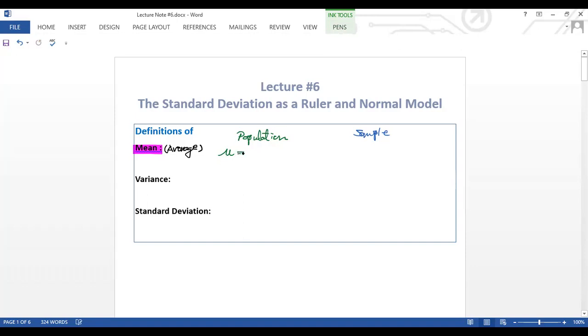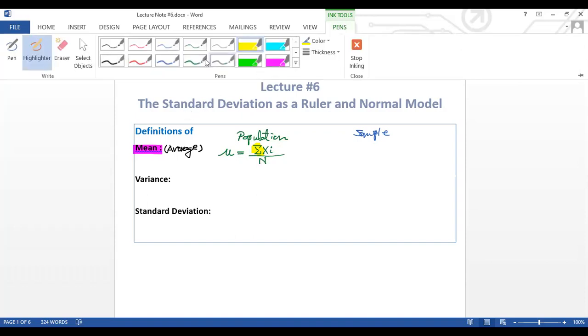So what is mu here? The mu is just like we know the average, right? Mean. That means you add everything together, so that's the summation of xi, right? Then I divide it by N. I call this the capital N. That means it's all the numbers in the population, right? And then this notation here, some students get so scared. What is this one? This is what we call the summation sign here, right?